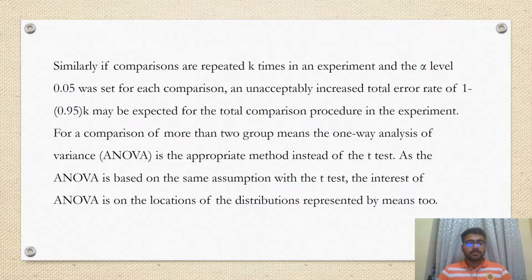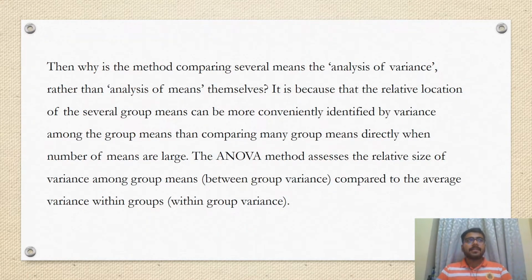Why, when the method compares several means, is it called analysis of variance rather than analysis of means? It is because the relative location of several group means can be more conveniently identified by the variance.